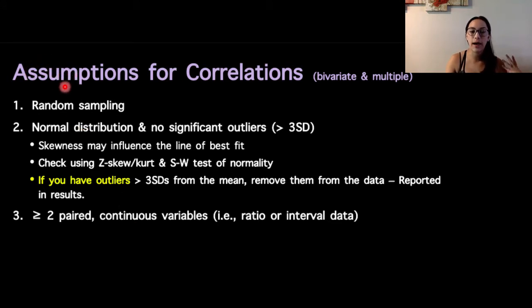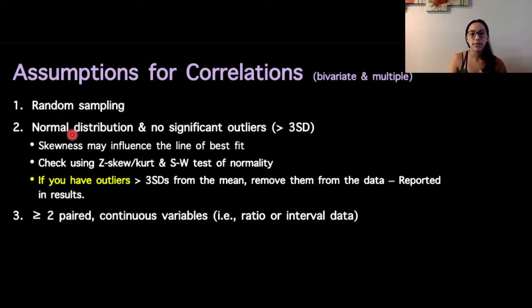These are things that you have to meet before you can actually run the test or accept the results of your test. So random sampling should always be a thing when we're collecting our data. So that means we haven't handpicked anybody from our population.